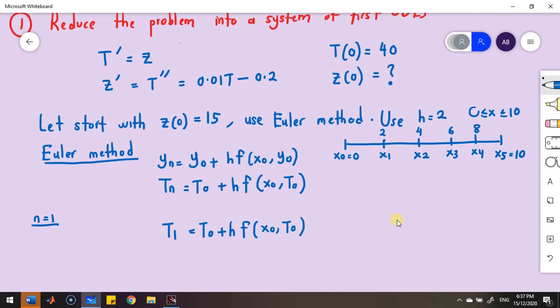What is T naught? Look at this again: my T initial consists of T and Z, so 40 and 15.